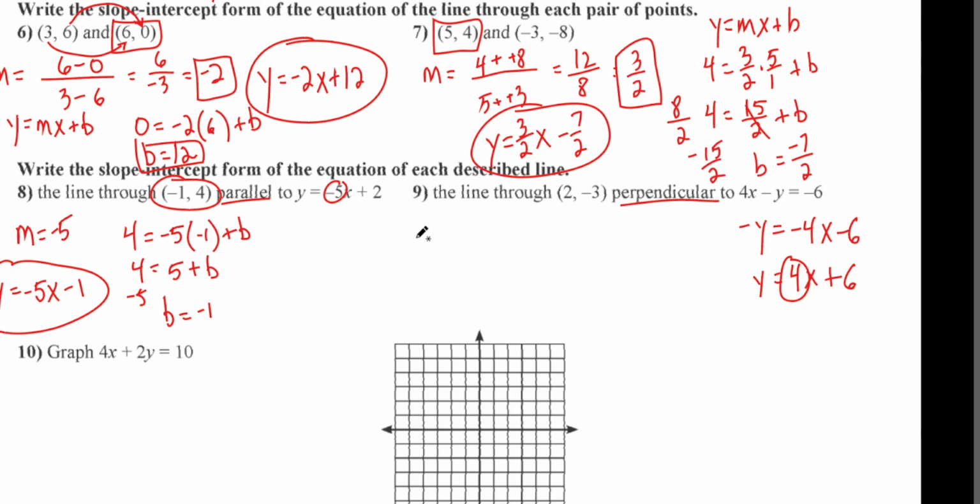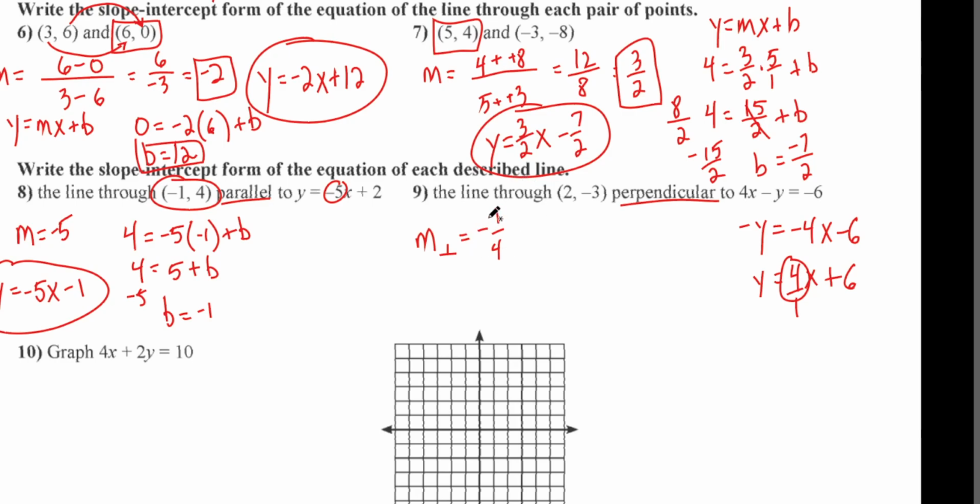That's right. So the slope of the line that I'm trying to find, the perpendicular line, is negative 1 over 4. It's what a lot of you guys are forgetting to do. Perpendicular, it's not the same slope, it's the negative reciprocal, right? This is 4 over 1, so I flip it to 1/4, and I change the sign. It was positive, I make it negative. That's where I got this.